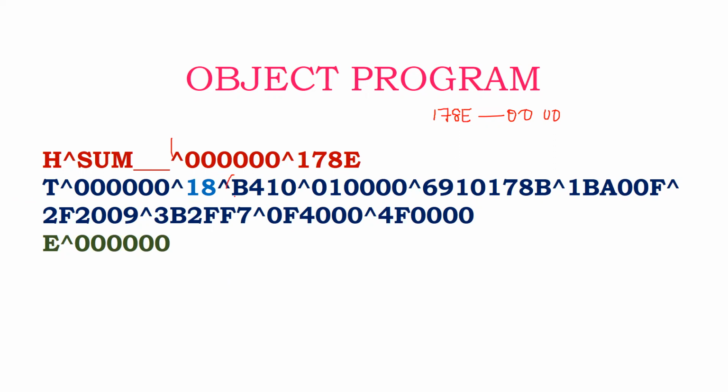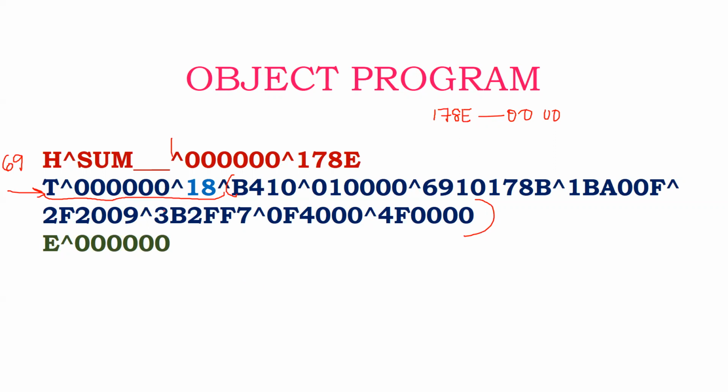Here is the object code. Whatever object code we obtained, we write it here. The text row should have 69 columns, where the first 9 columns are filled for the T, starting address and the length, and the rest 60 columns are filled with the object code.